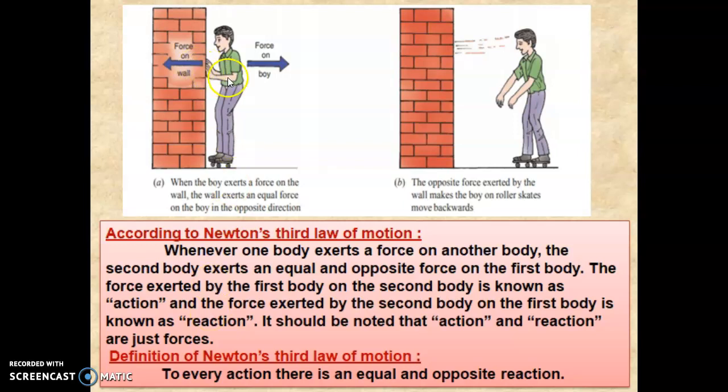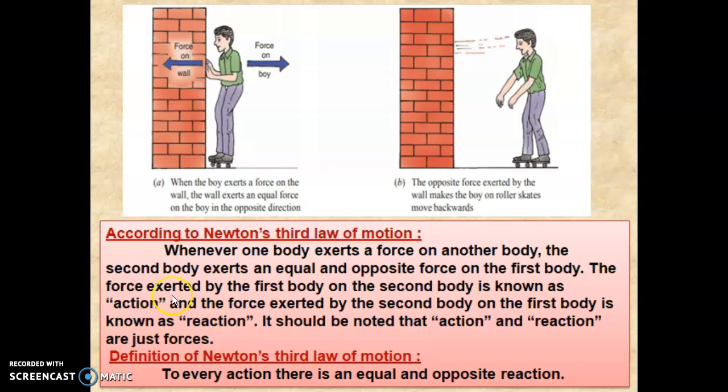The boy exerts a force on the wall, so this is the action. Next, the force exerted by the second body on the first body is the reaction. The wall exerts a force on the boy, so the boy moves in the backward direction.